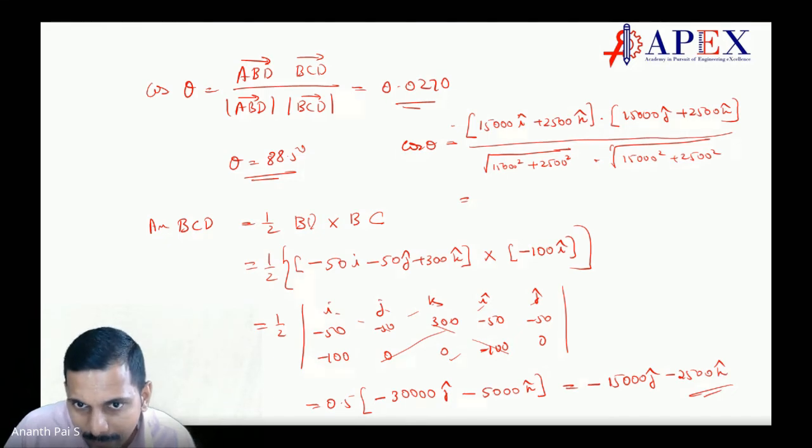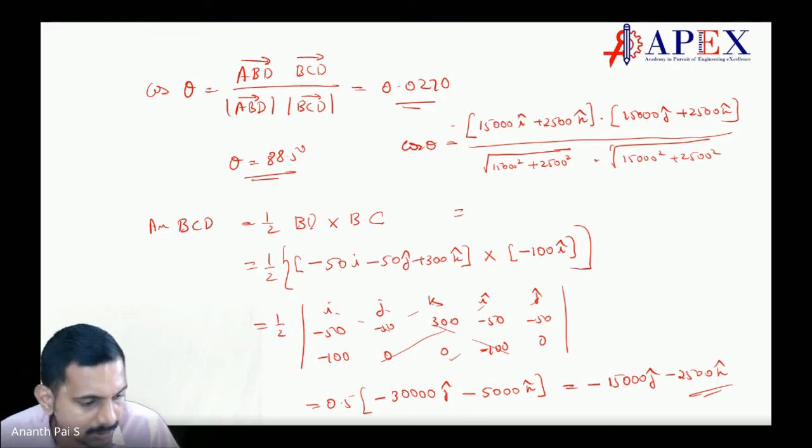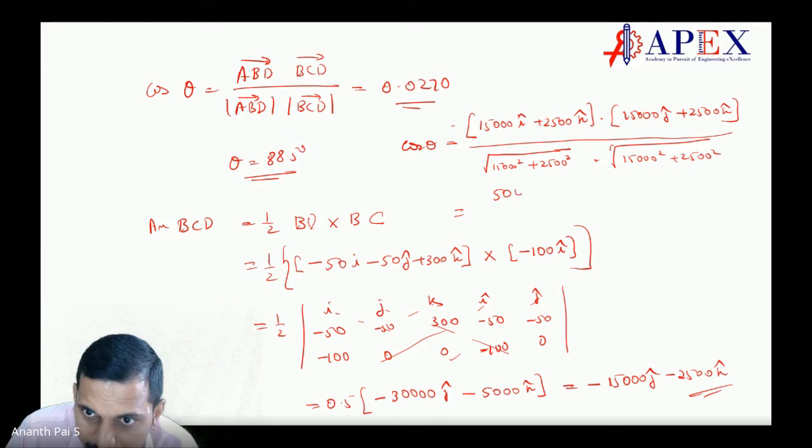I is not there, correct? J is not there. When you take the dot product, you get only 2,500 into 2,500, that is 2,500 square K, right?